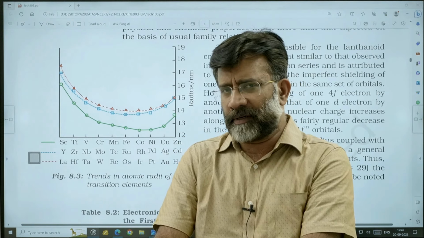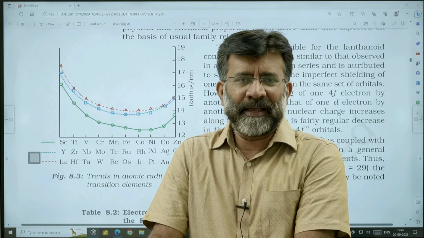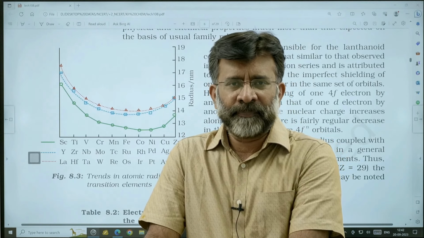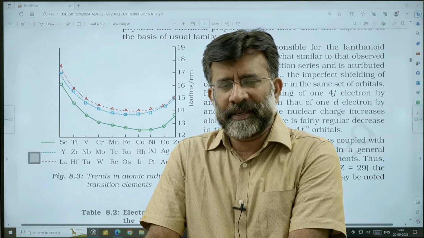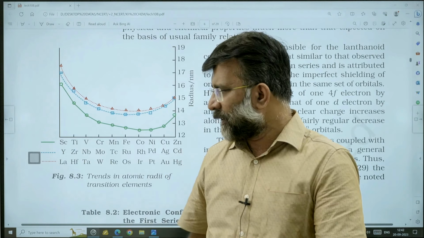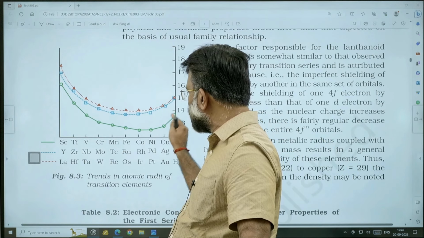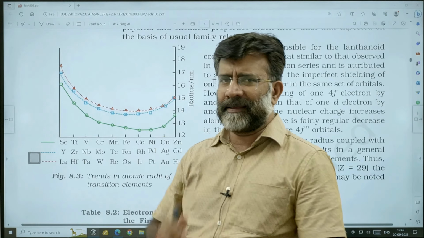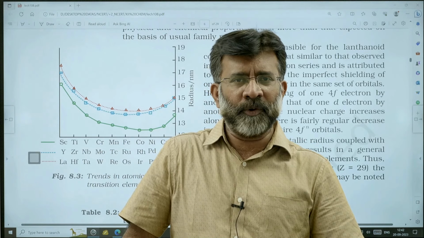You know, d orbitals are not good enough for the shielding purpose. So as electrons are being added to d orbitals, you can see the size gradually decreases, and once you reach the end portion, as the filling is occurring, the size is slightly increasing. A slight expansion in the atomic size is also observed.